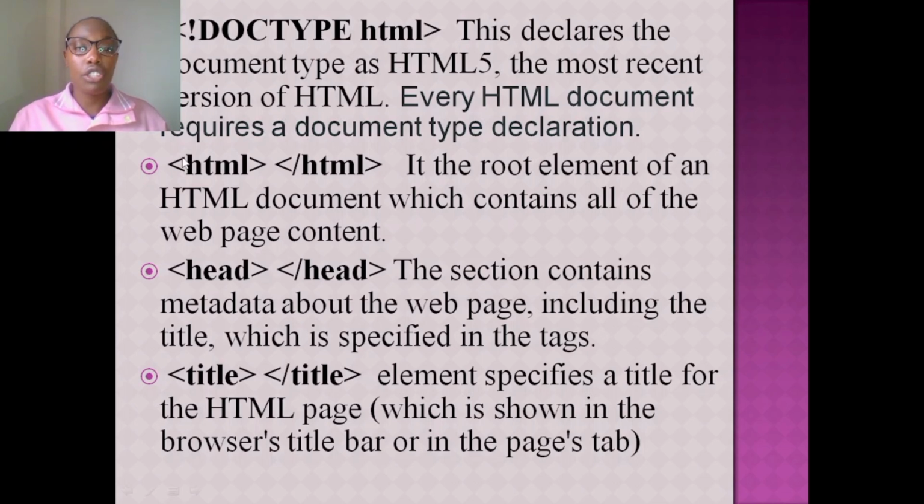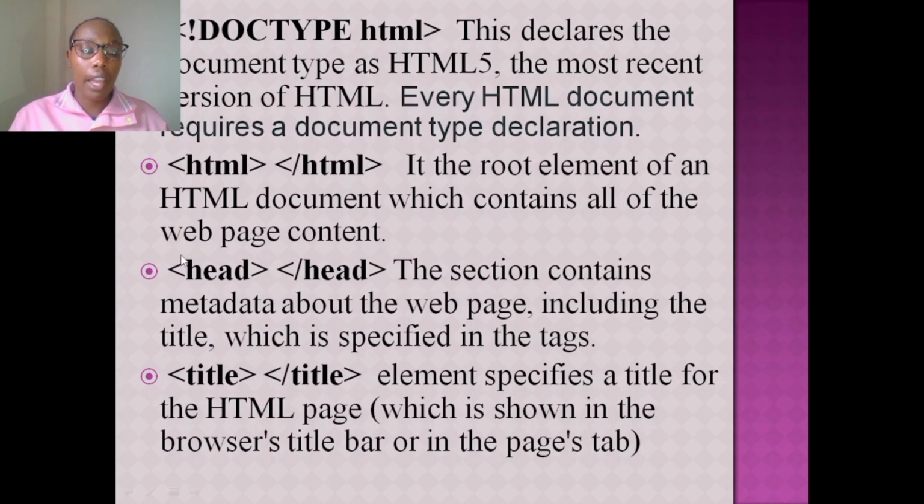Then we have the HTML tags. You can see we have the opening and the closing tag. So what is the work of this element? It is the root. The HTML tag is the root element of an HTML document, which contains all of the web page content.